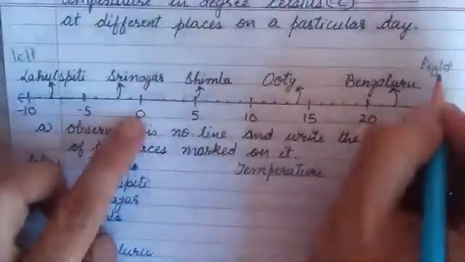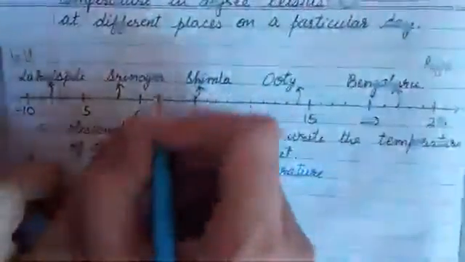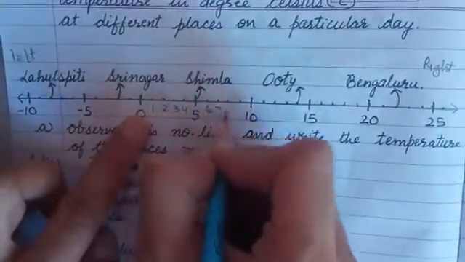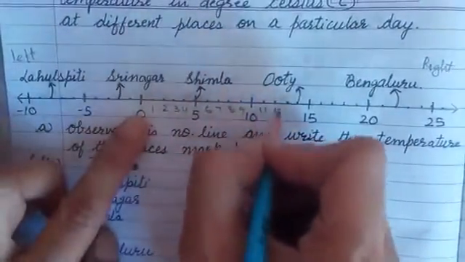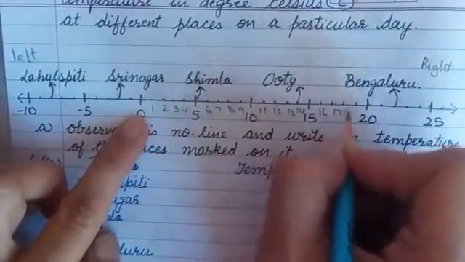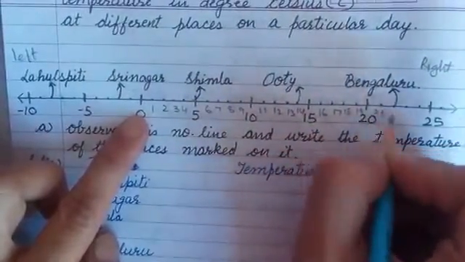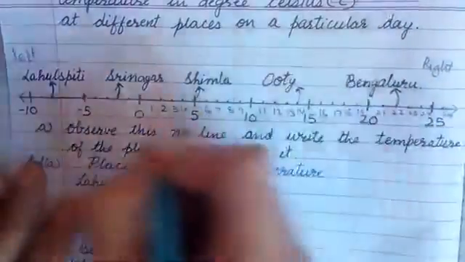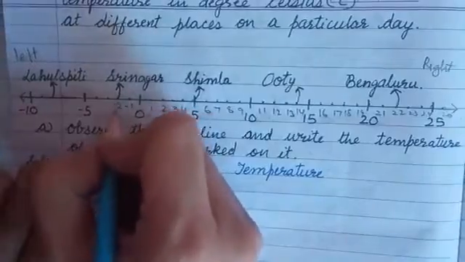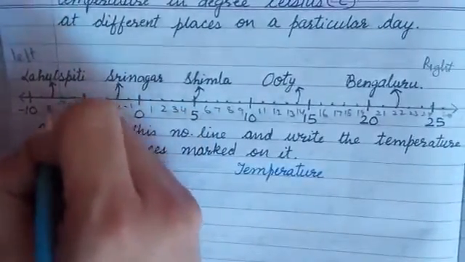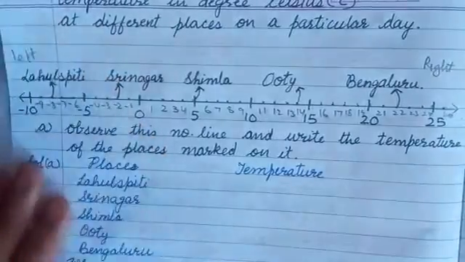Right of 0, we'll write positive integers 1, 2, 3, up to 26, and on the left, minus 1, minus 2, minus 3, up to minus 9.